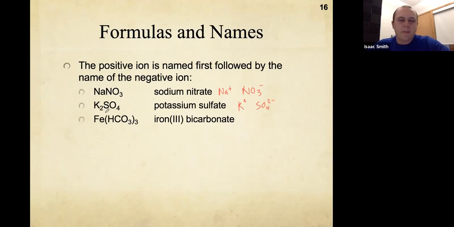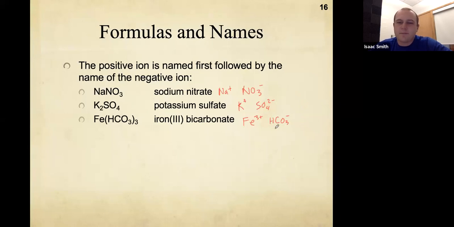Applying the same principles, if you need multiple polyatomic ions, you need to put parentheses around the whole thing and then put your subscript. For potassium, like the one above, the 2 just applies to the K. But here, if we're given the name iron 3 bicarbonate, iron is Fe3+, and we know that because there's the 3 here. Remember, bi just means hydrogen, so this would be hydrogen carbonate. Carbonate is CO3 2-, and since there's a hydrogen on it, it would be a 1-.